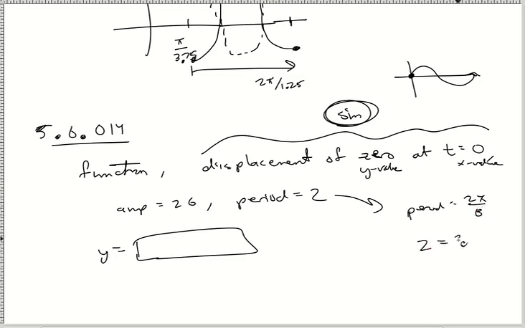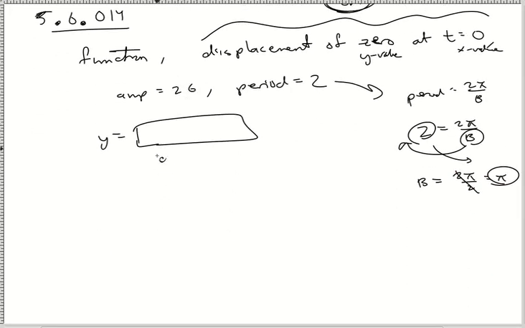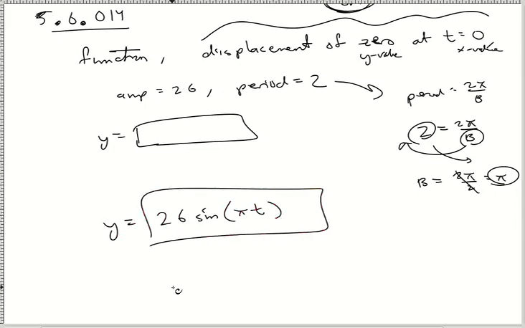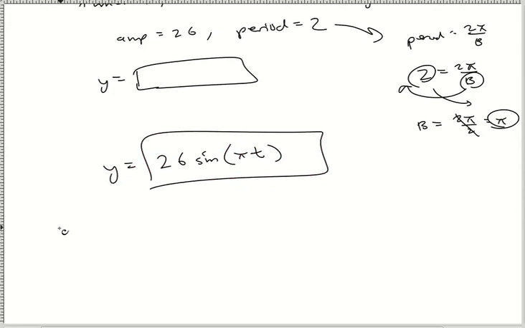So 2 is equal to 2 pi over b. To solve for b, move some stuff around. b is equal to 2 pi over 2. Cancel, leaves you with a pi. So that was easy. Amplitude 26, that's easy too. So 26 sine of pi t. They didn't talk anything about shifting, so no need to do any of that.